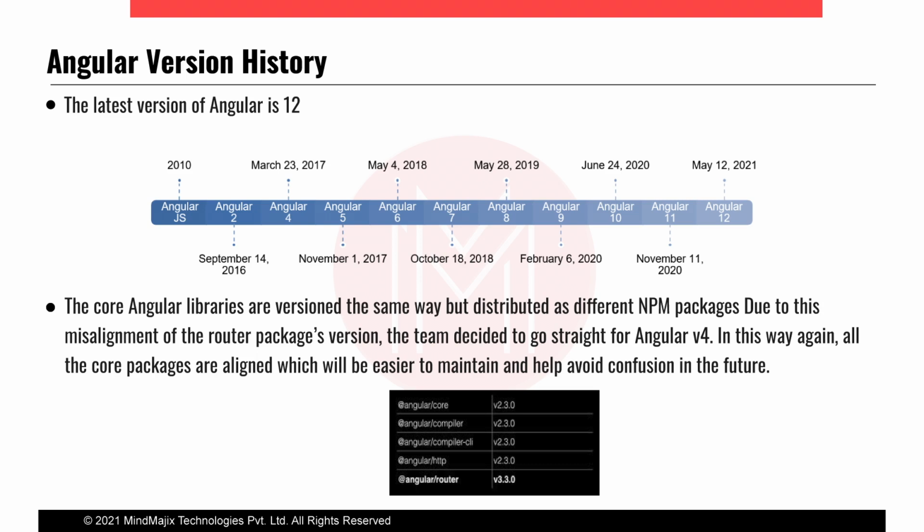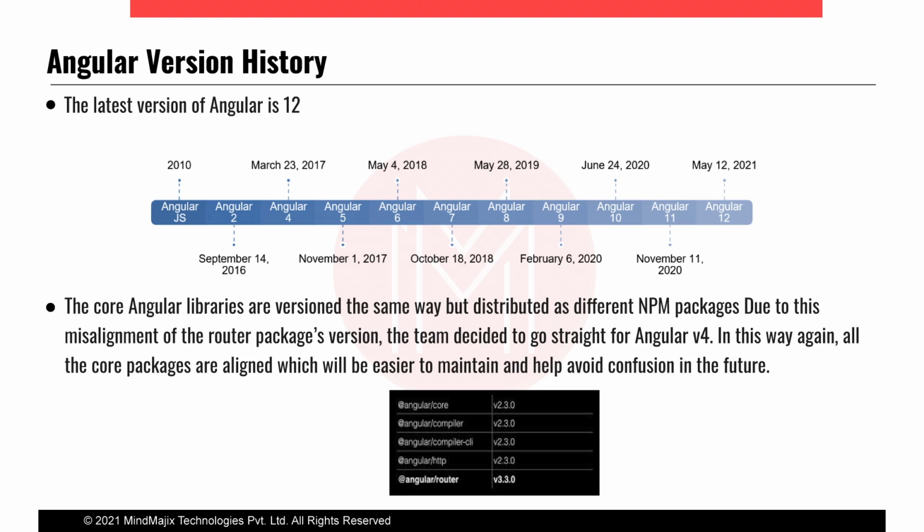Okay, so generally in an Angular application, as I said before, we will be using packaging. We will be using dependencies. Those will be stored under node modules. If you see the versions of those: Angular Core 2.3.0, Angular Compiler 2.3.0, CLI 2.3.0, HTTP 2.3.0, and coming to Router 3.3.0.